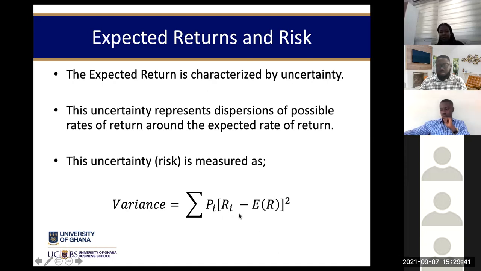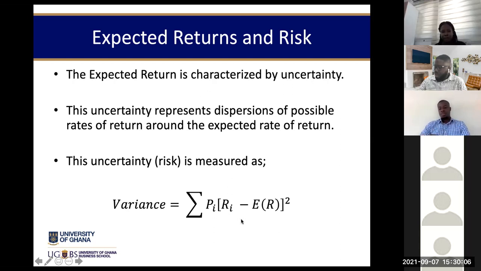The deviation or the surprise. And then, Priscilla, do you understand why we square? Yes, please, to avoid getting zero. Exactly. But for expected risk, we multiply by what? The probability, because we don't know the returns with certainty.